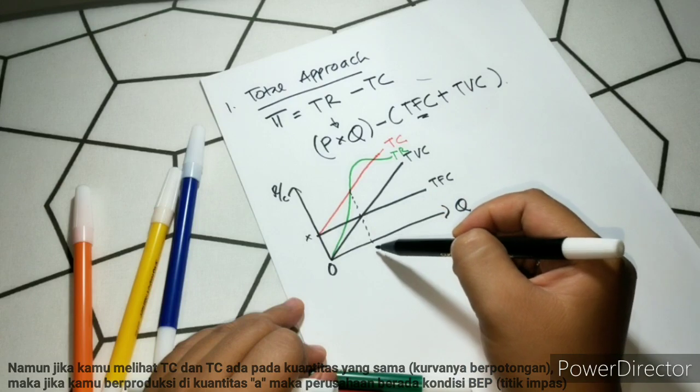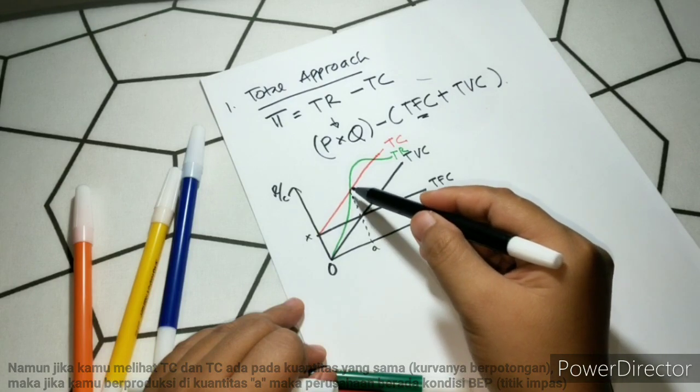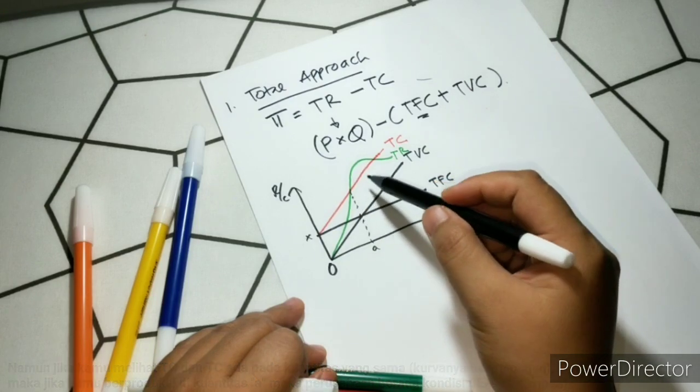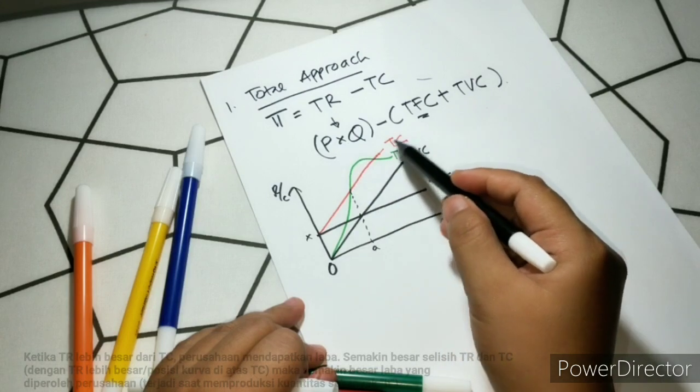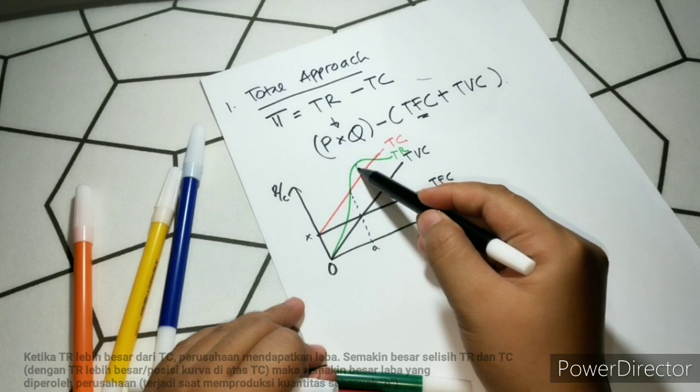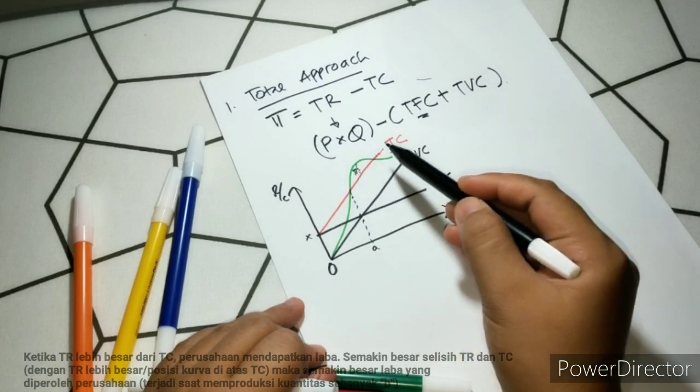So if you produce at A, it means you will achieve the break-even point. So here, when the total revenue outnumbers the total cost, it means profit is here.